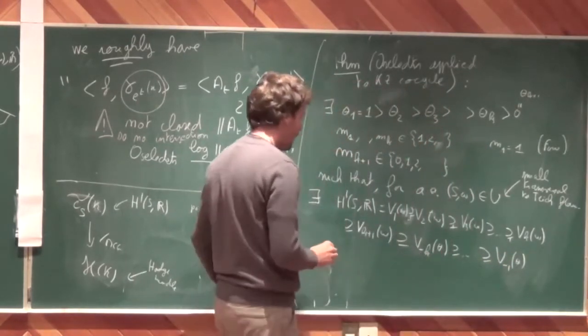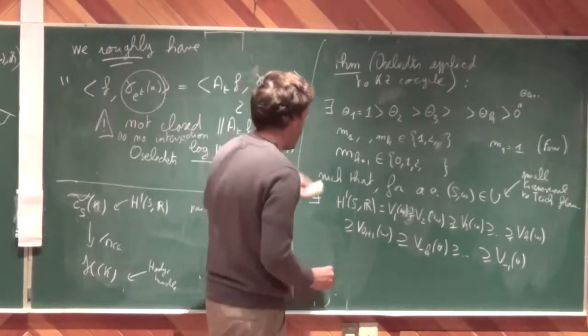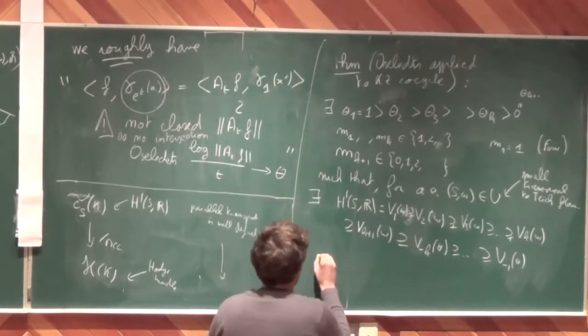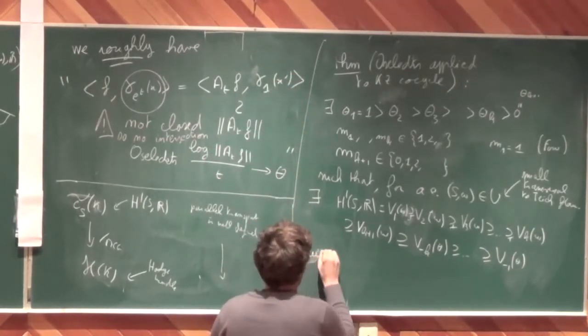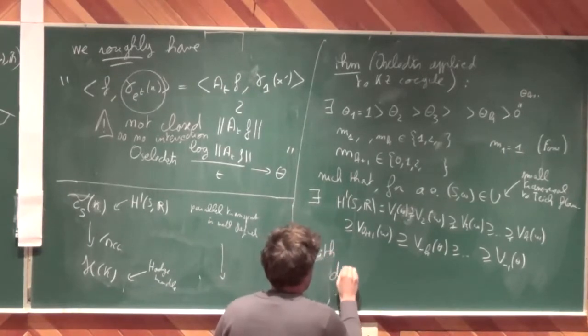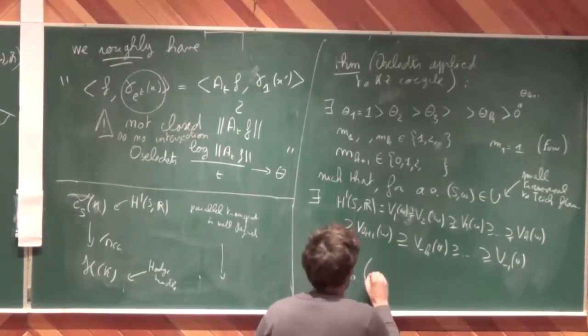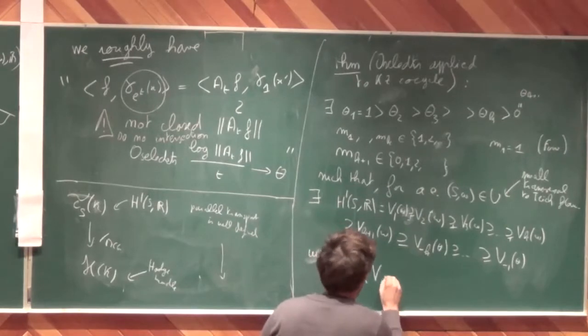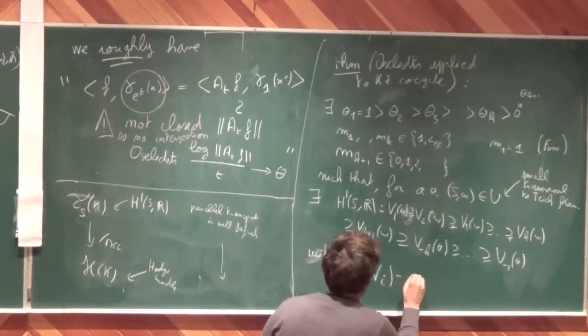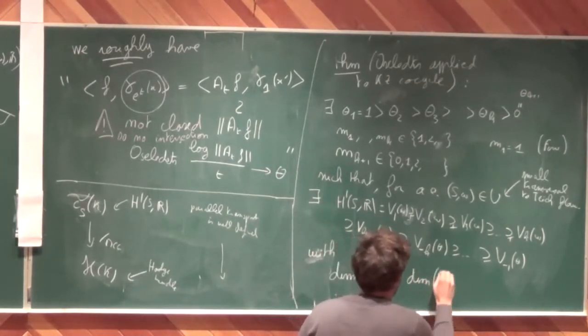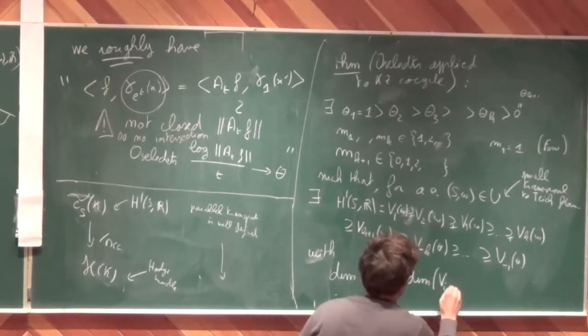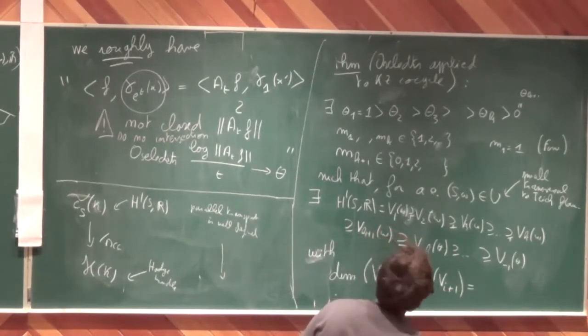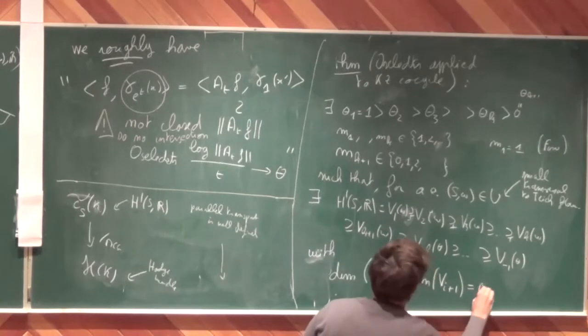Right? And what are the n? So with dimension of vi minus dimension of vi plus 1 equal mi.